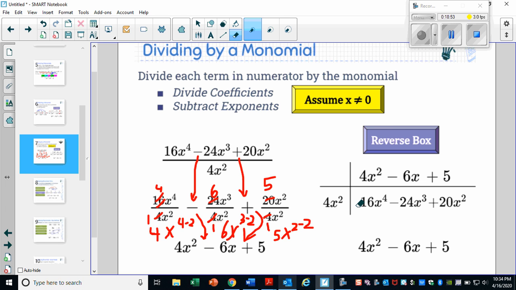Similarly, you could do the reverse box method. The goal is, once you do your multiplication, 4x squared times 4x squared, you get 16x to the fourth. 4x squared times negative 6x, negative 24x to the third. 4x squared times 5, positive 20x squared.